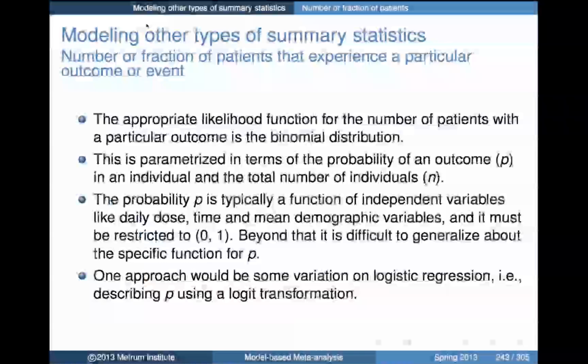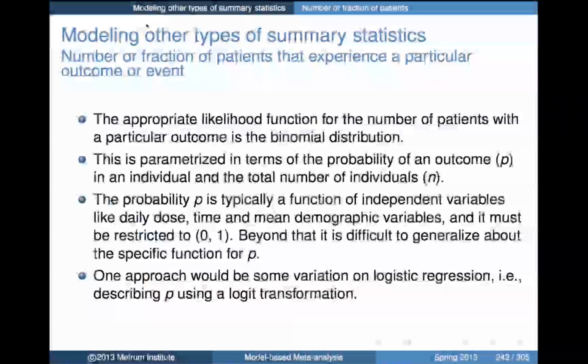Other things: sometimes, even when you do have things that are maybe continuous measures, the result may get summarized in terms of so-called responder or remission status. In other words, each patient will be designated as having responded or remitted, and then the summary statistic would be what fraction of patients were responders or what fraction were remitters.